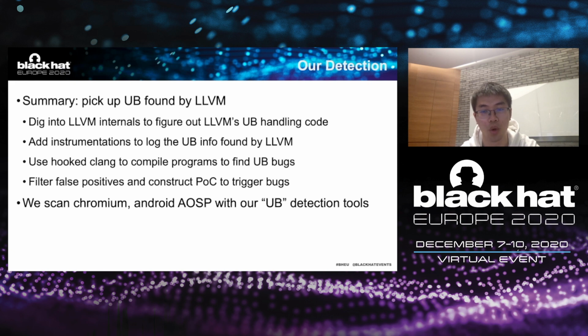Then, we can use hooked clang to compile programs to scan for undefined behavior bugs. After filtering false positives, we can start to construct a proof of concept to trigger the bugs. We have used all the tools to scan Chromium and Android frameworks and found lots of bugs.